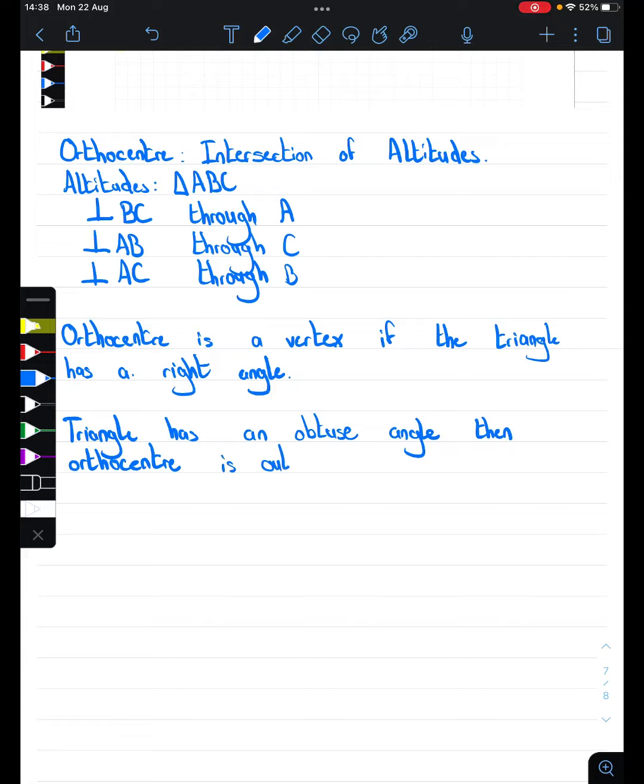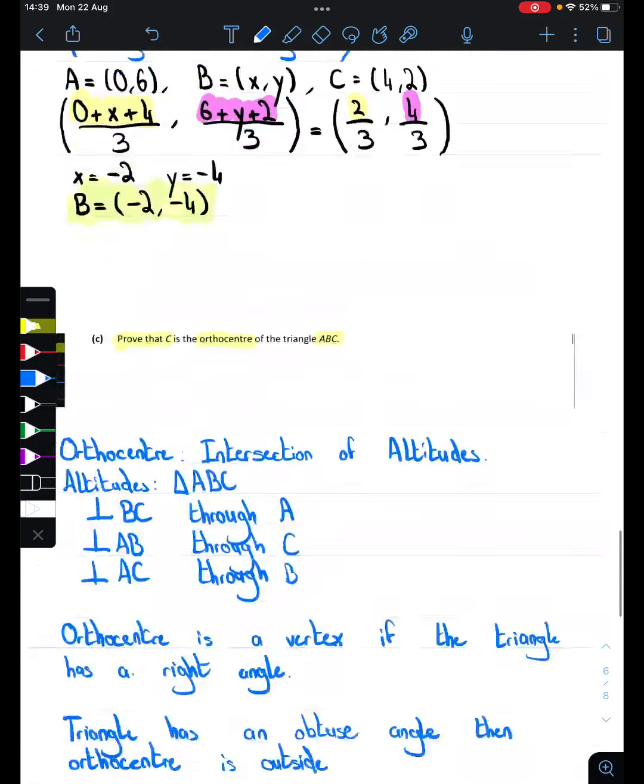If the triangle has all acute angles, so all angles are less than 90, then the orthocenter is inside. And if one of the angles is 90, so it's not obtuse but it's not acute, then the orthocenter is one of the vertices, one of the points A, B, C.